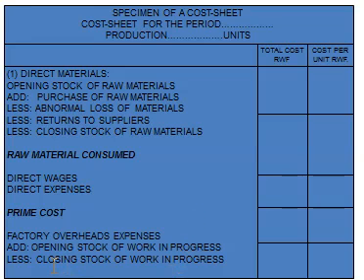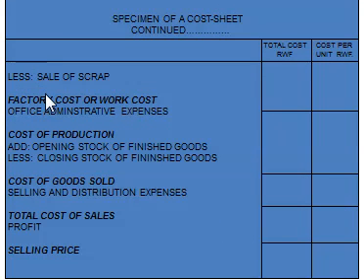Then we also less the closing work in progress. If you add this information, you get the factory cost, or what we call the cost of goods manufactured. If you also have some scrap, because during production some materials may have been scrapped, you list the scrap, because if this scrap is going to be sold, it means it is going to reduce your cost. So if you have scrap, you list the scrap, then you get the factory cost.